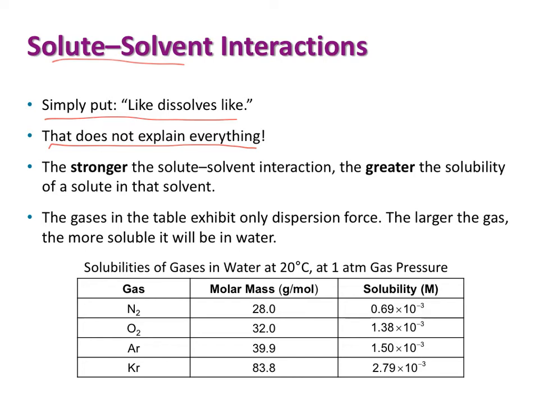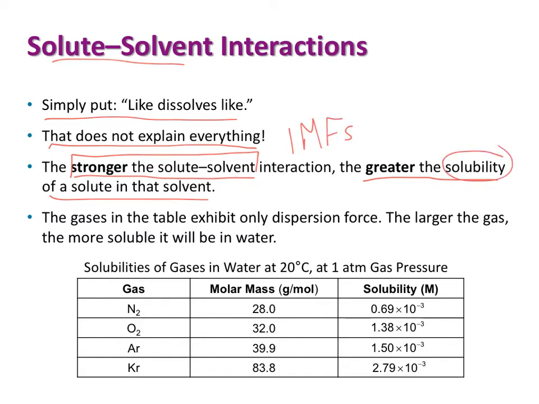The stronger the solute and solvent interaction, for gases specifically in liquids, the greater the solubility of the solute in that solvent. The more that solutes and solvents like to interact, the more IMFs they have, so it makes sense that they would want to dissolve more, so the solubility is larger.